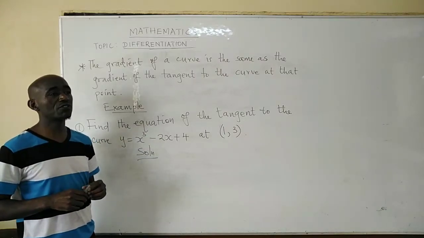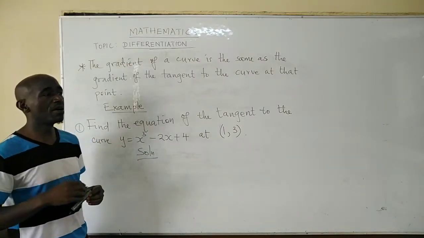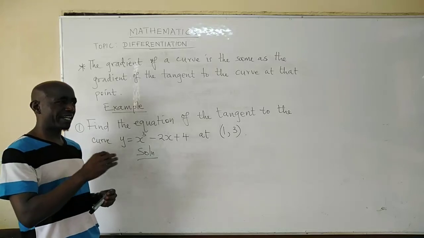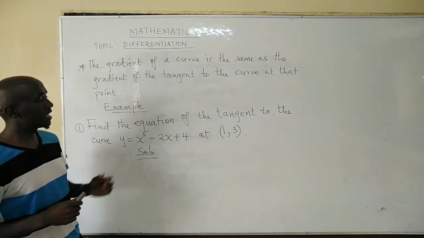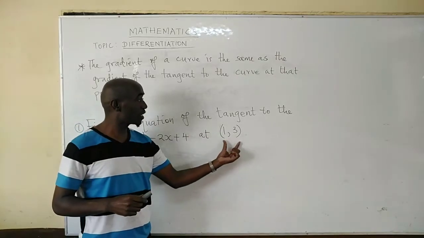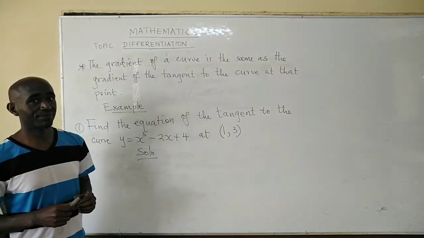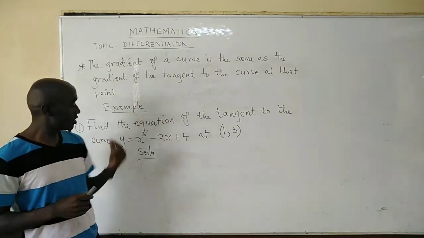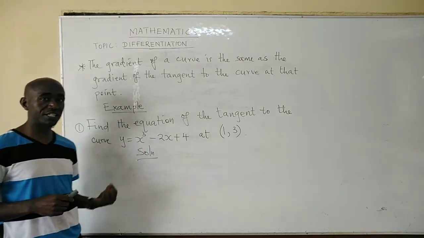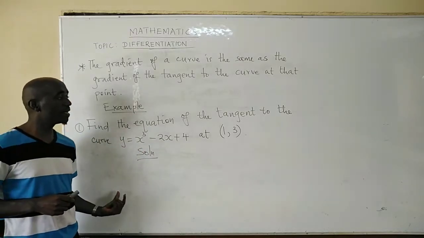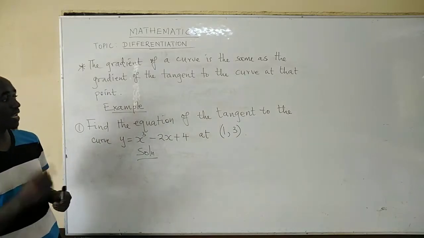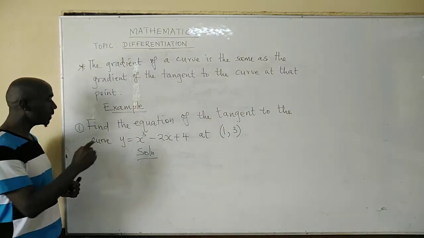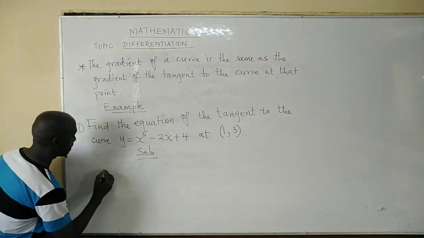You can now use the concepts you learned in form 1 or 2 about equations of a straight line. This point is already on the tangent, and then you have your gradient which you obtained, so you can find the equation of the straight line, that is the tangent.